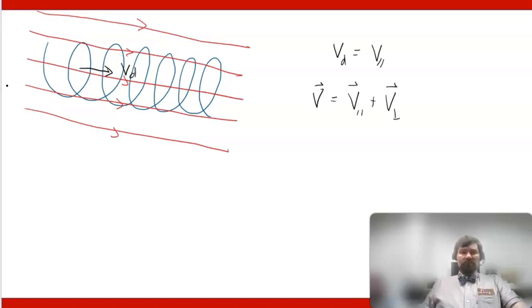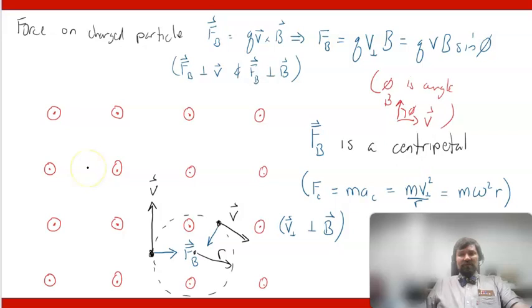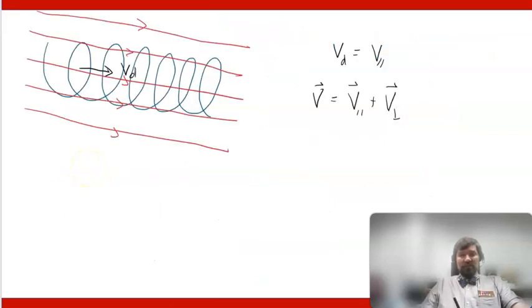Okay. Now coming back over to these equations, we can combine the equations to get something like what the radius of curvature is. So using the fact that we have, on the one hand, F_B is qvB sine phi.